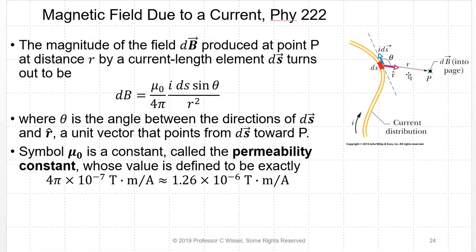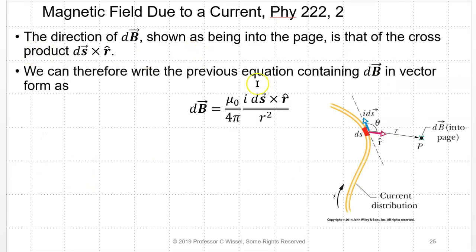The symbol mu naught is a constant called the permeability constant. It's a lot like epsilon naught, and its value is defined to be exactly 4 pi times 10 to the minus 7 tesla meter per amp, or approximately 1.26 times 10 to the minus 6 tesla meter per amp. You should write this down in your notes. The direction of dB, as shown, is into the page, and you can get that from the right-hand rule.